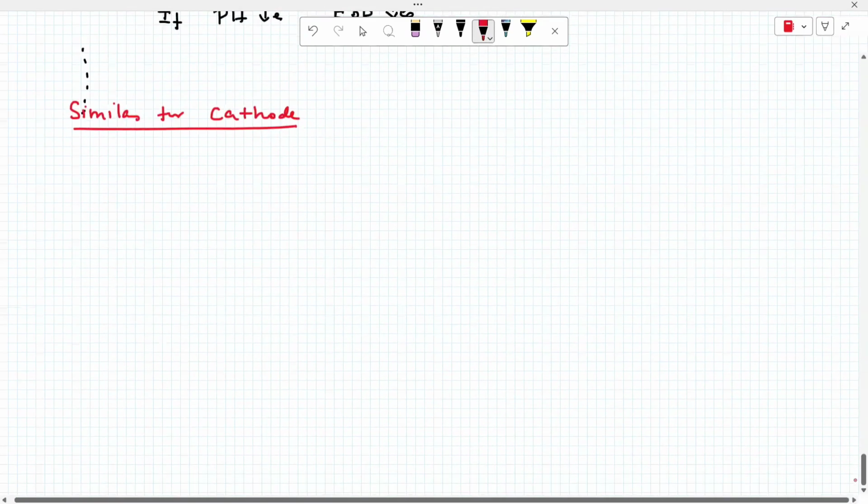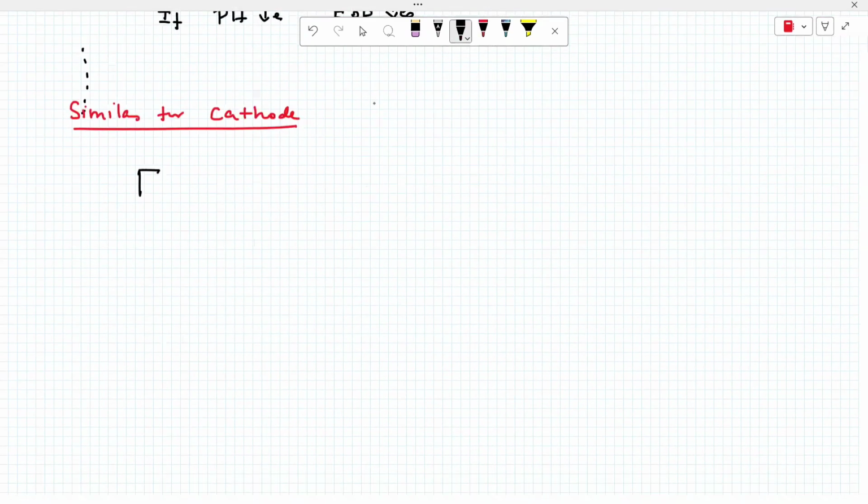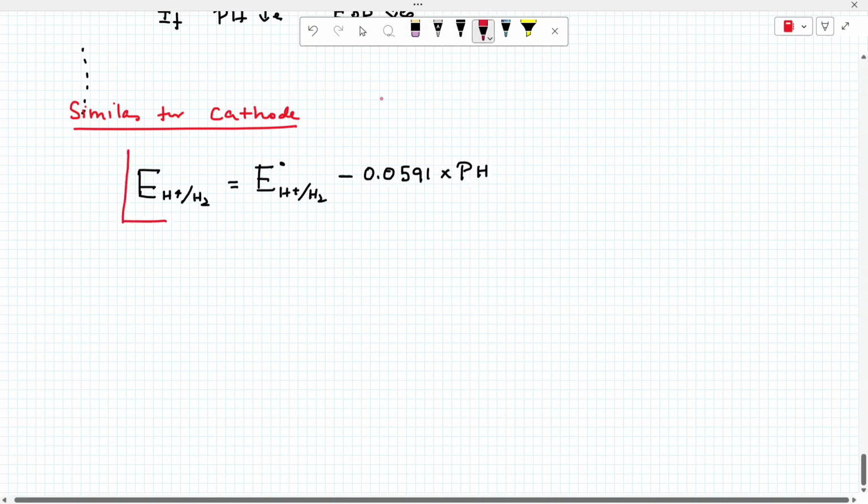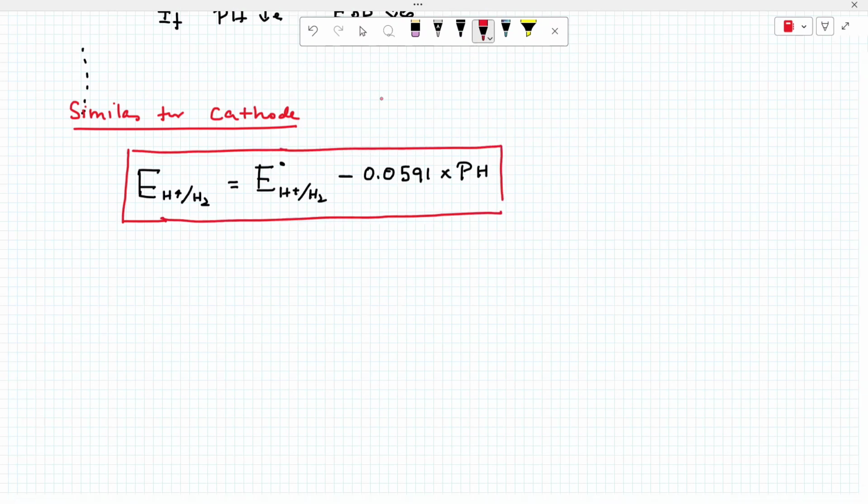E for H plus becoming H2 equals E naught for H plus becoming H2, minus 0.0591 into pH. What is the point? Simple. If it is reduction potential, the formula is minus 0.0591 into pH. This is for reduction potential.